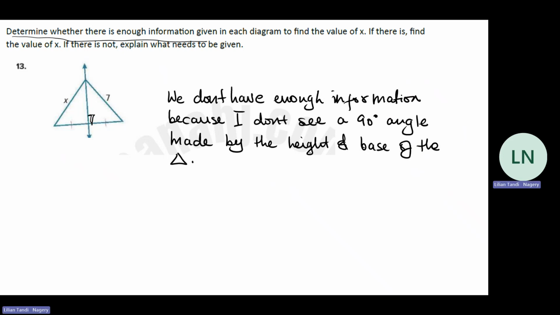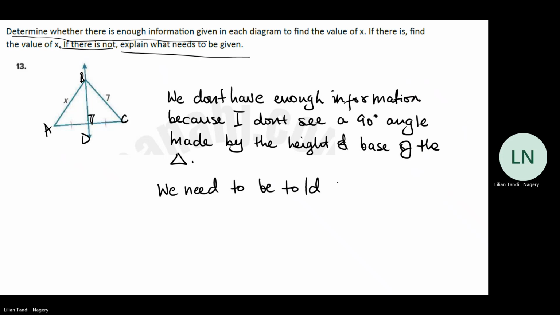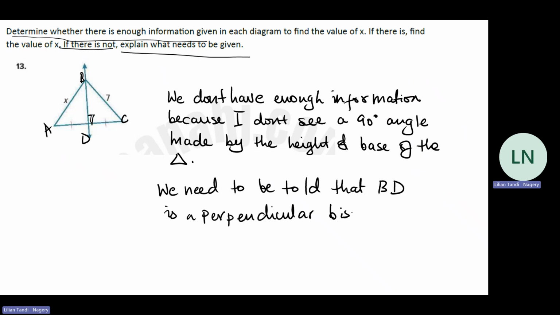I wish they gave us, they didn't give us half, but you can label, so you can put your A, B, C, D. If there is not, explain what needs to be given. We need to be told that BD is a perpendicular bisector to AC.